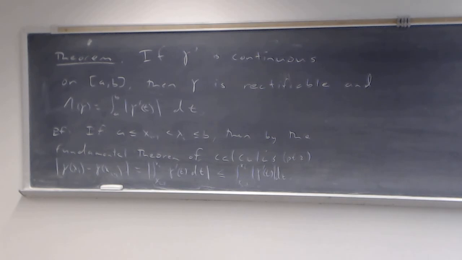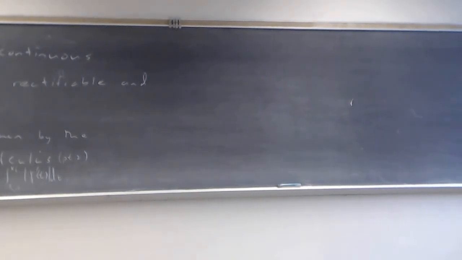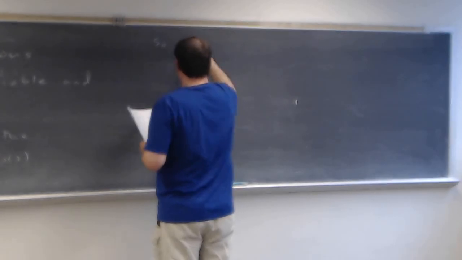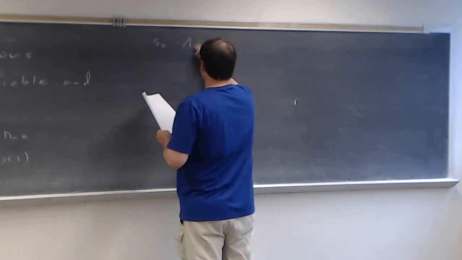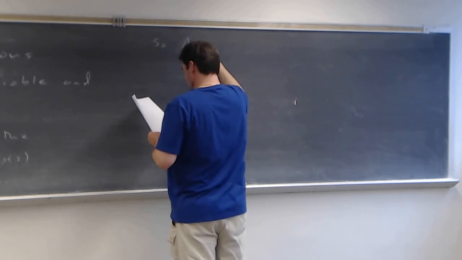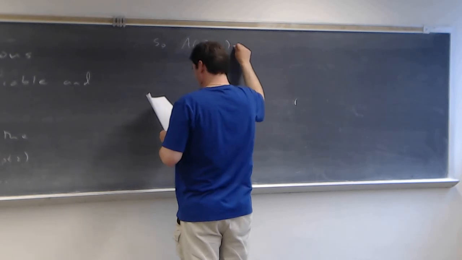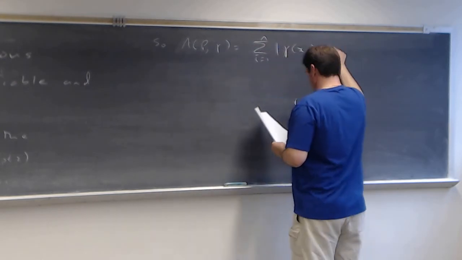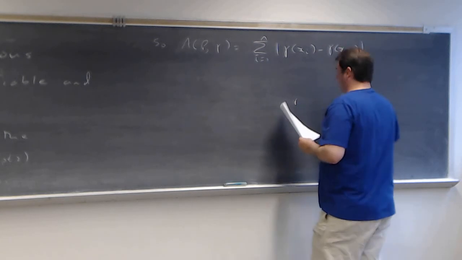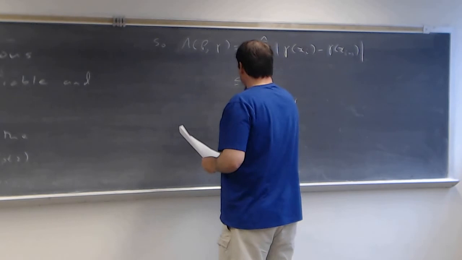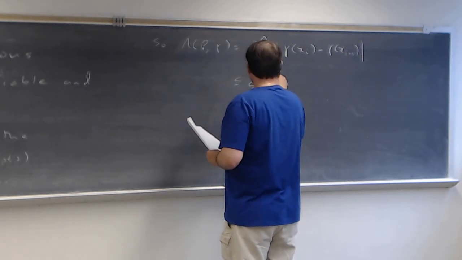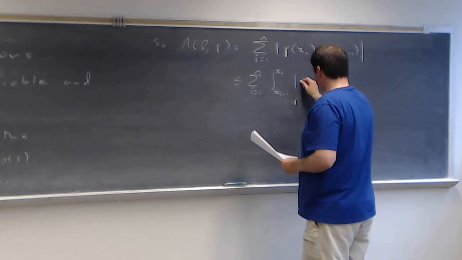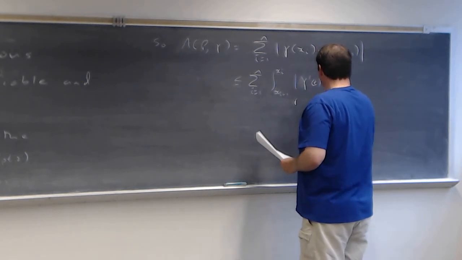So the length lambda of the partition of gamma, which equals the sum as i goes from 1 to n of the norm of gamma of x sub i minus gamma of x sub i minus 1, will be less than or equal to the sum as i runs from 1 to n of the integral from x sub i minus 1 up to x sub i of the norm of gamma prime of t dt.